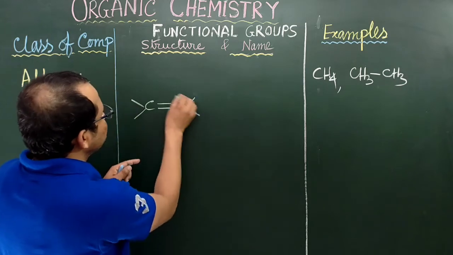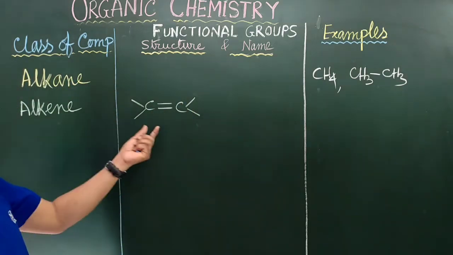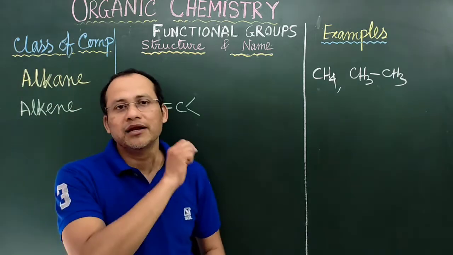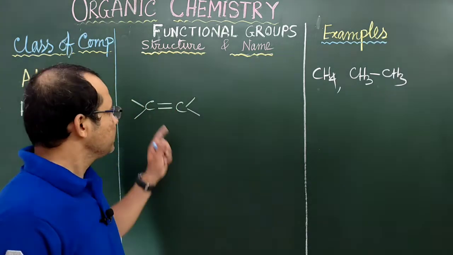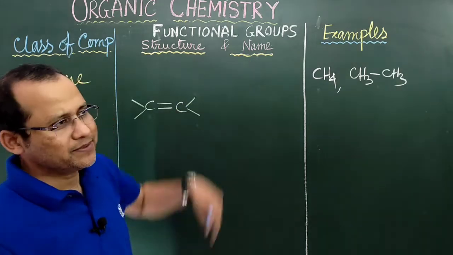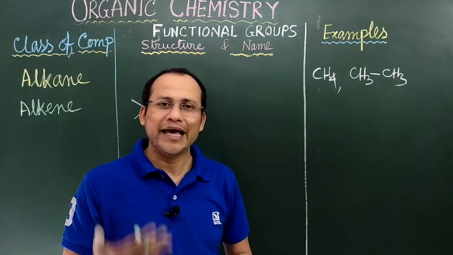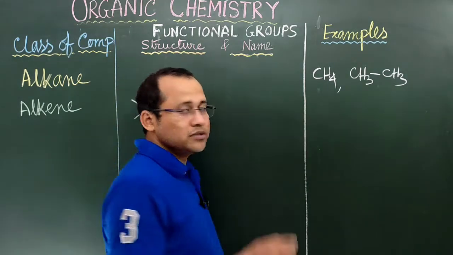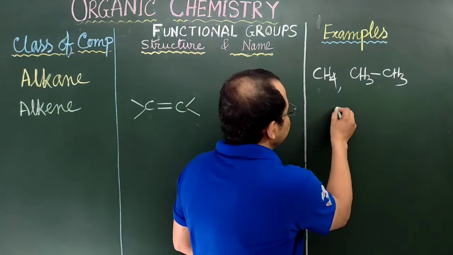This is the main portion of alkene compounds, and so this is known as the functional group of alkene. For this type of compound there is no separate specific name; the compound itself is called alkene, and the functional group is called alkene.